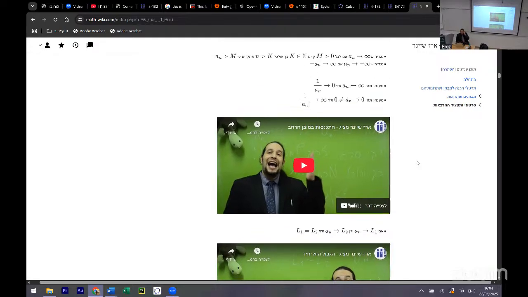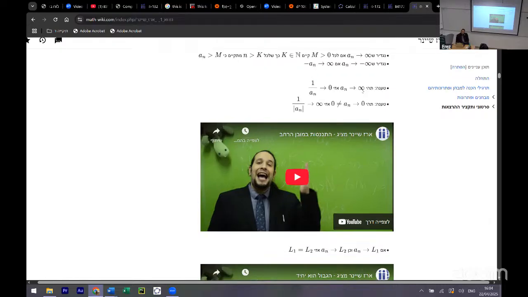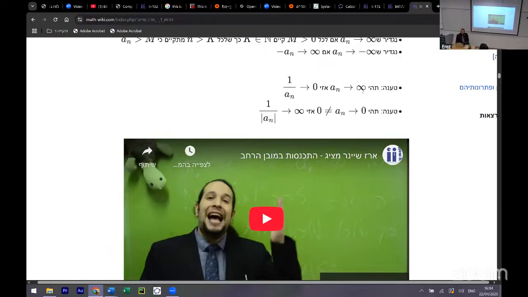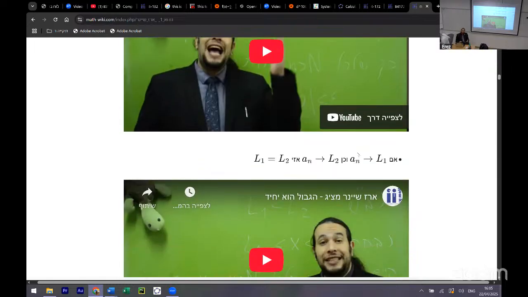The first theorem we proved is that if an goes to infinity, then 1 over an goes to 0, and if an goes to 0 and does not equal 0, then 1 over the absolute value of an goes to infinity. And then there are many theorems that help us work with limits.